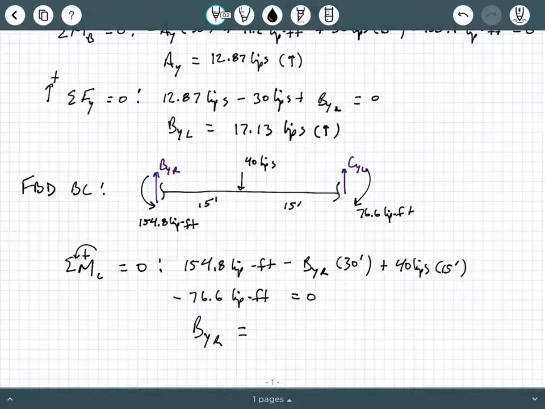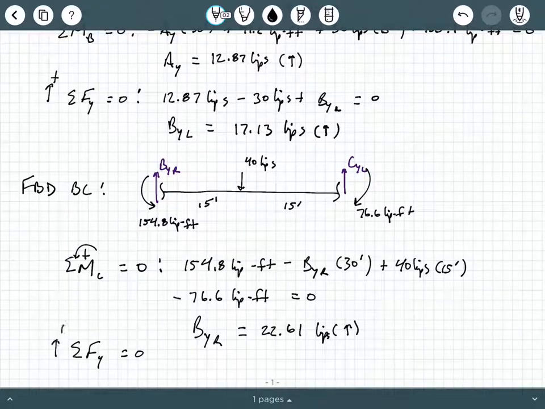So we get BY right as the following. I get 22.6, or really 22.61 kips going up.